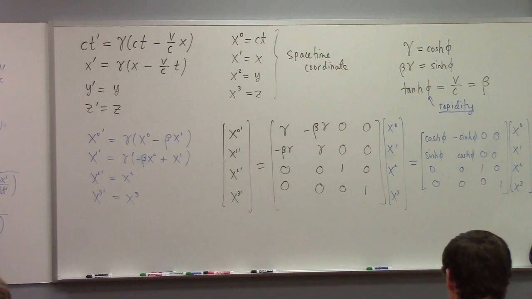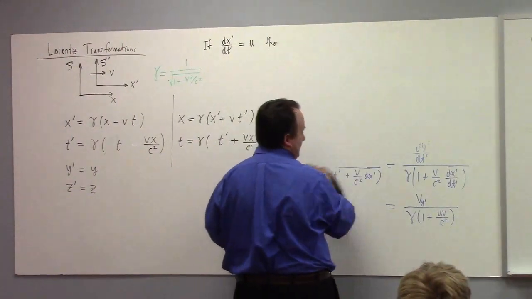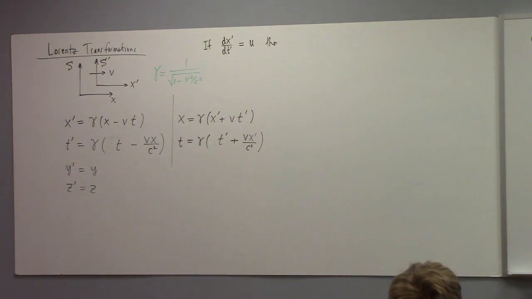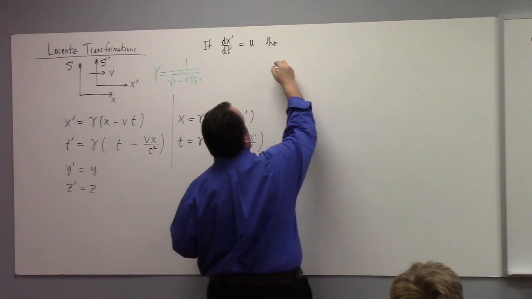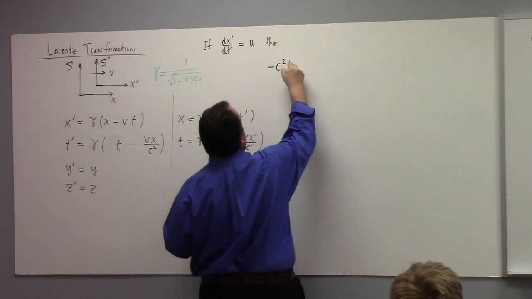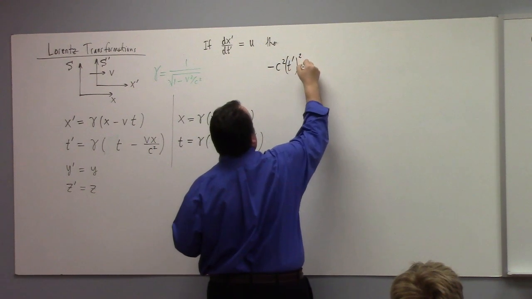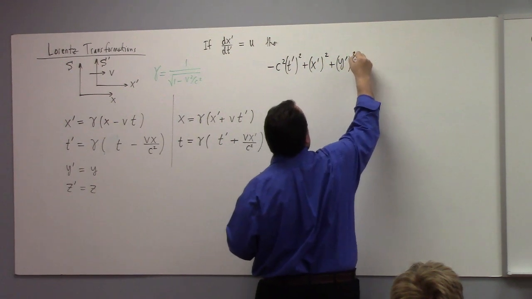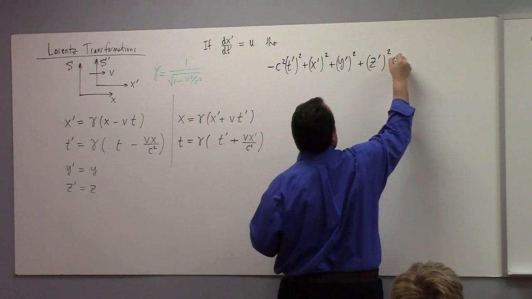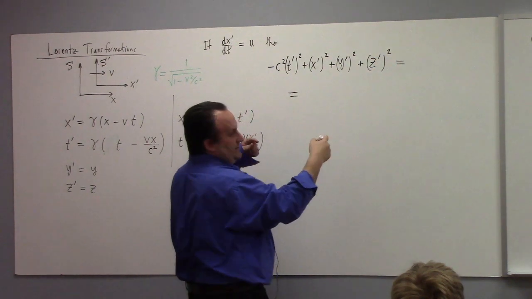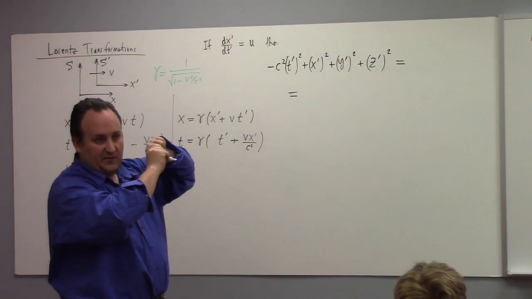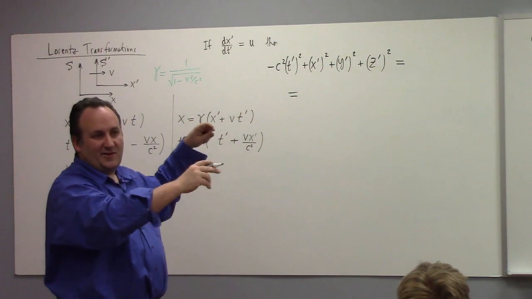It's called the invariant interval. It turns out that if you look at minus c squared t prime squared plus x prime squared plus y prime squared plus z prime squared, and you plug in the Lorentz transformations and work those out, it all cancels out.